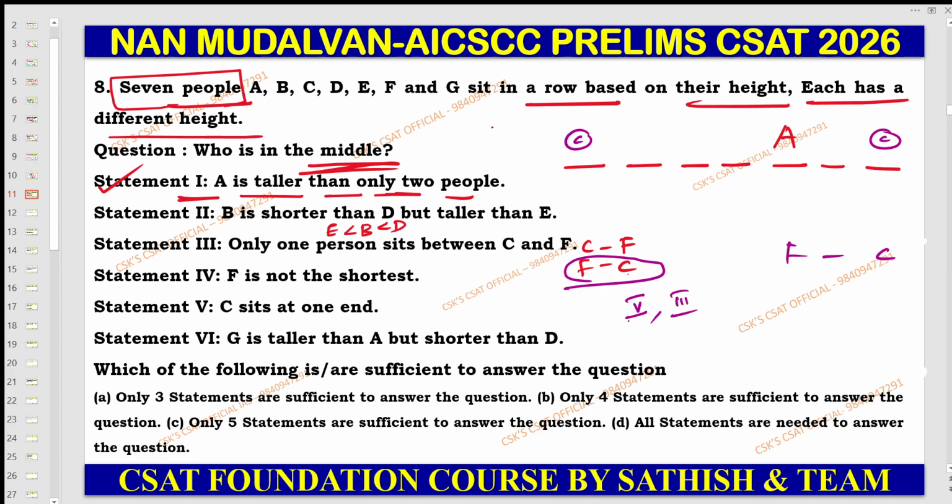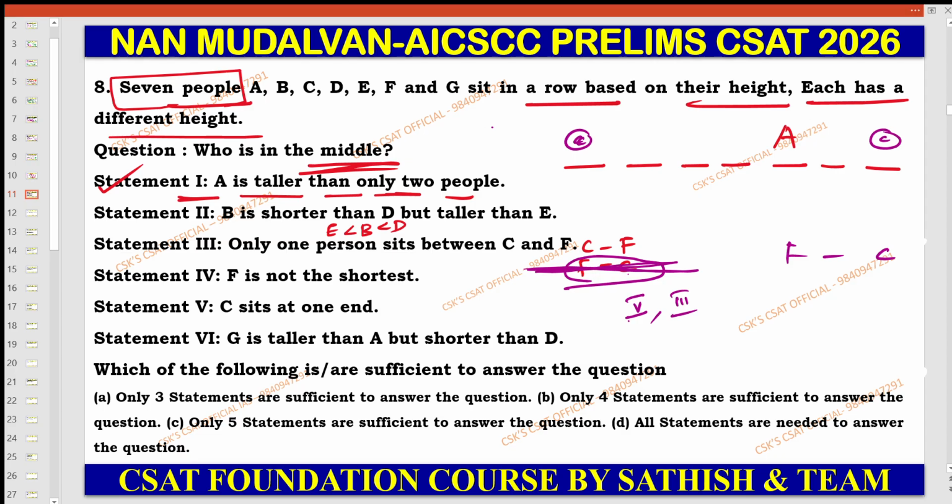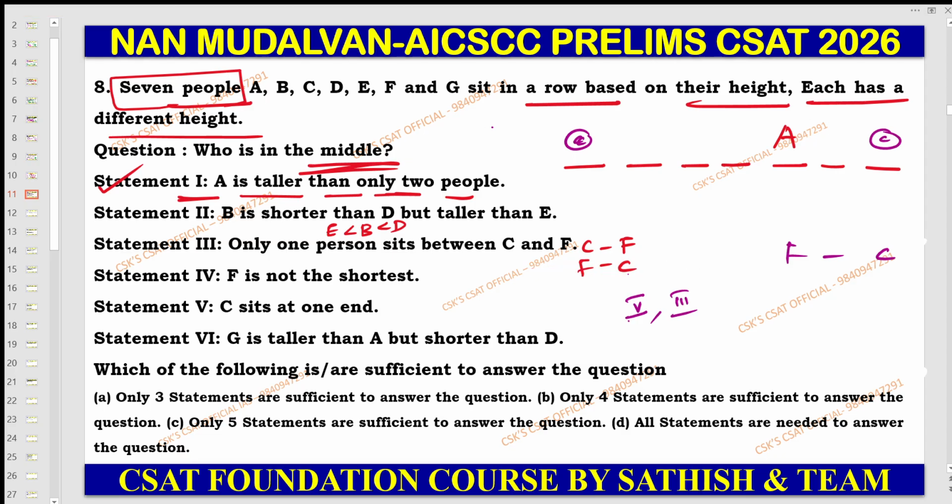Understood? A's position F comes here, but A is already fixed here. So therefore it is not possible. Everyone understood? This is not a possible case. Getting why it's not possible?